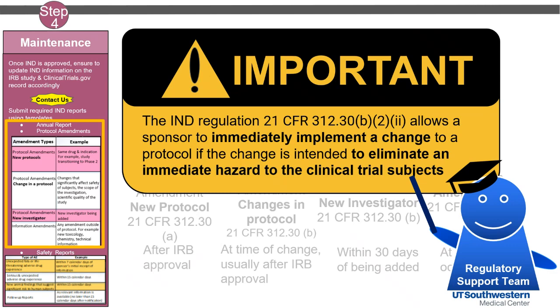It is important to keep in mind that a protocol change intended to eliminate an apparent immediate hazard to human subjects may be implemented immediately, provided that the FDA is subsequently notified by protocol amendment and the reviewing IRB is also notified. Now, I'm going to go over each amendment in detail.